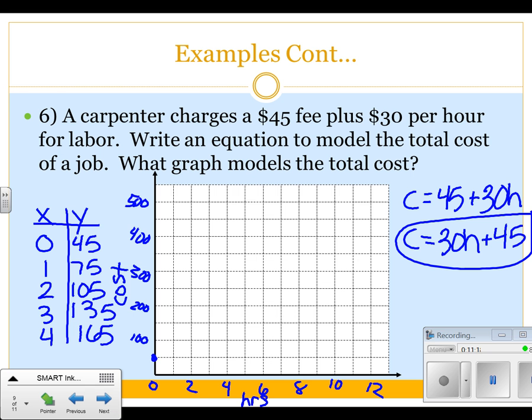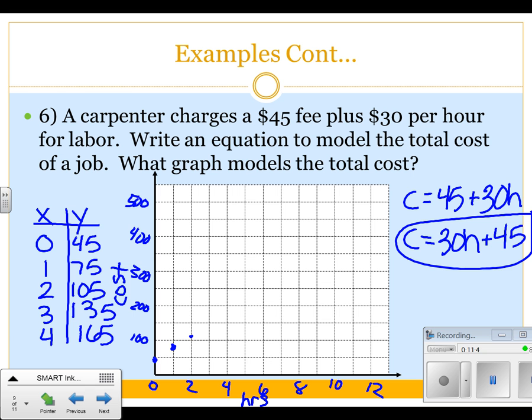Oh, that's going to have to go down a little bit. We're just right below the 50. And then at 1 hour, if we look at that table, 75. Oh, that's at 2. So 1 hour would be right there. At 2 hours, it's about 105. 3 hours, it's 135.